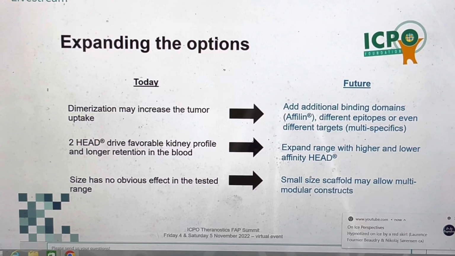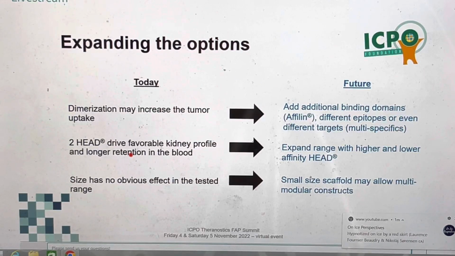And that already brings me to a conclusion in the sense of, what do we see? We see that dimerization may be an interesting concept to increase uptake and especially reach a prolonged and sustained uptake in the tumor.